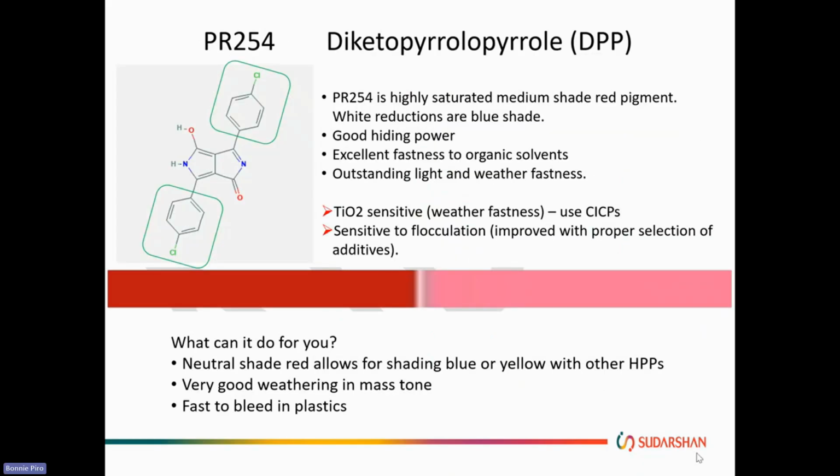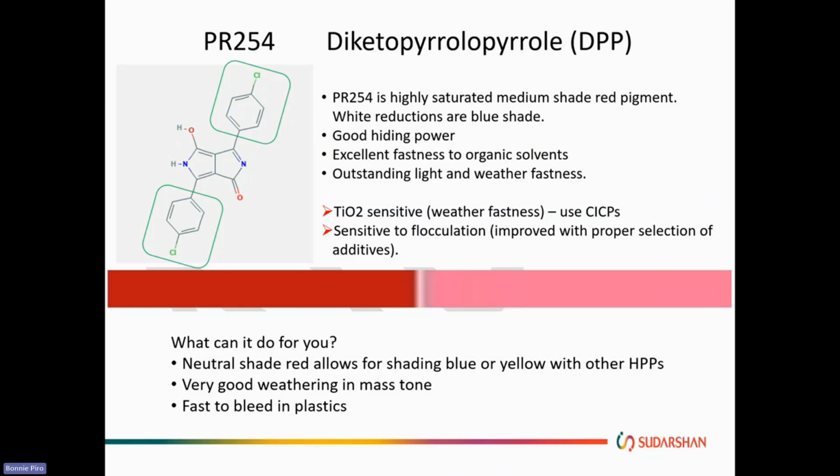Now, a little bit more detail with respect to each one of these. The Pigment Red 254 is what I call a workhorse DPP chemistry, because it is widely used in multiple application areas. It's got a lot of very good properties that bring value to that particular formulation.